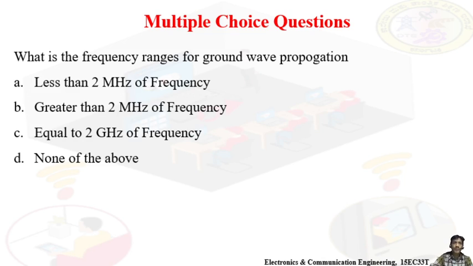In case of ground wave propagation, frequencies up to 2 MHz can be propagated to the receiving antenna. So greater than is not possible, equal to is not possible. Option A is the correct answer.